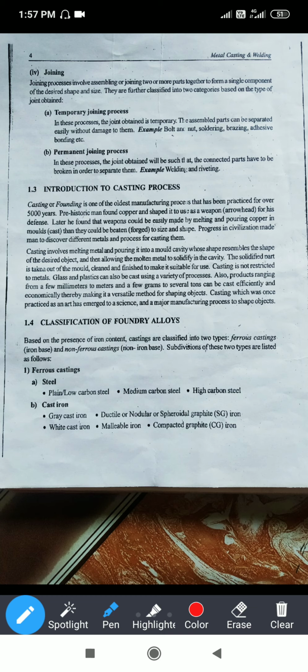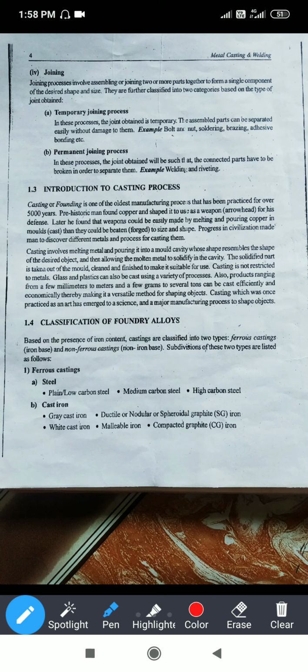Later he found the weapon could be easily made by melting and pouring copper in a mold cast. Then it could be beaten or forged to size and shape. Forging progress and civilization led to the discovery of different metals and processes for the casting method.